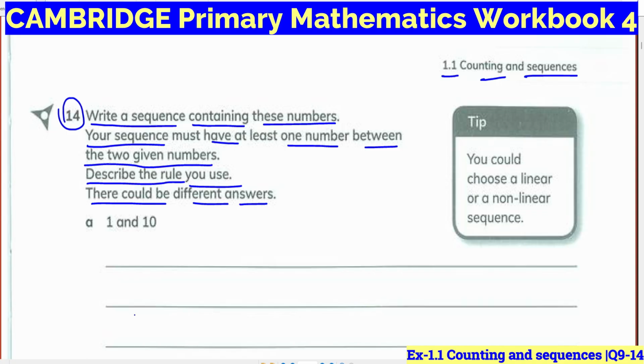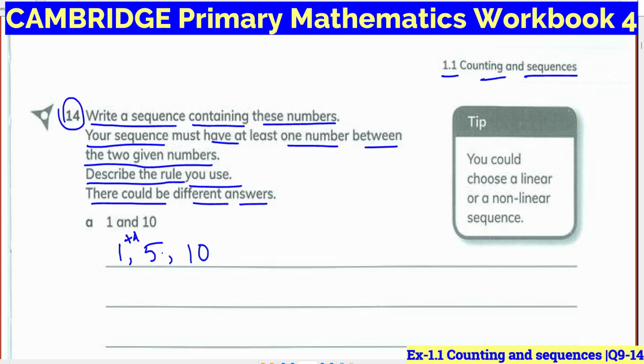Suppose like 1, then 5, and then 10. Very easily we can find out this one. How? Look, 1 then 5, it means we are adding 4.